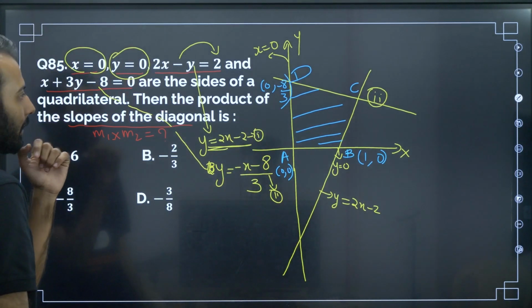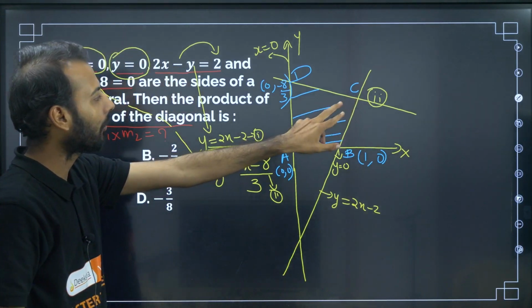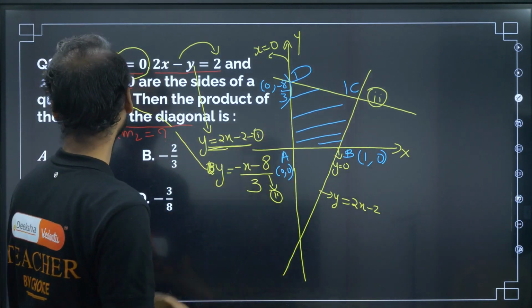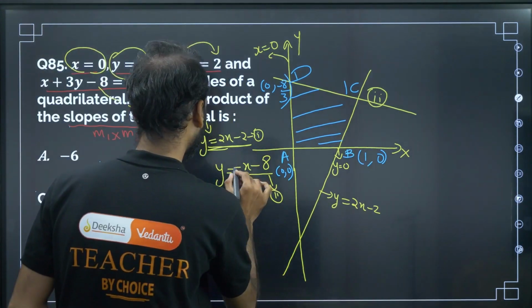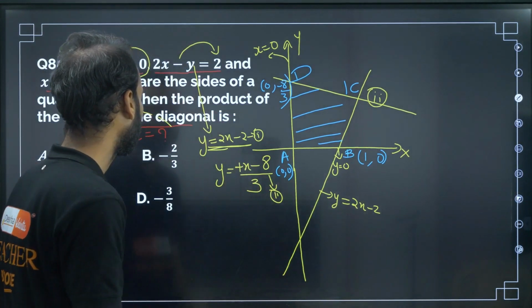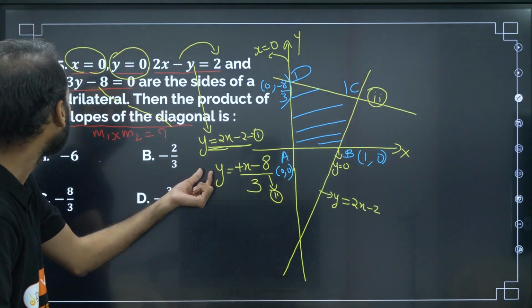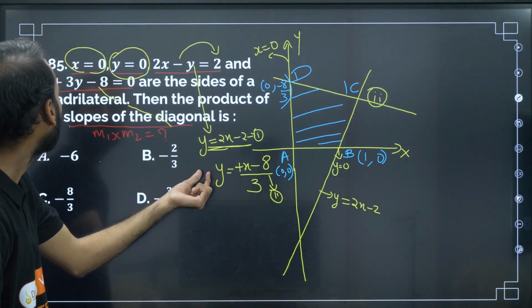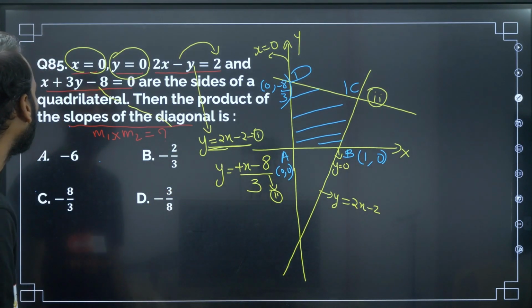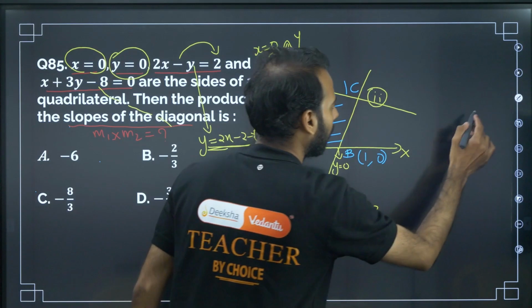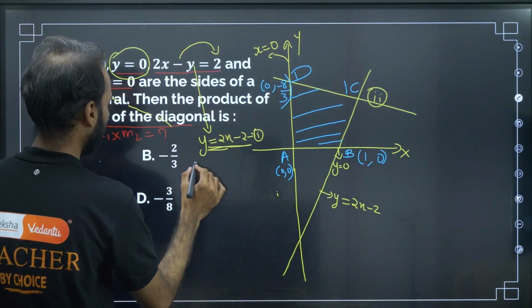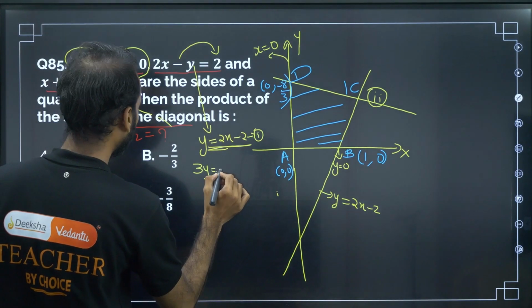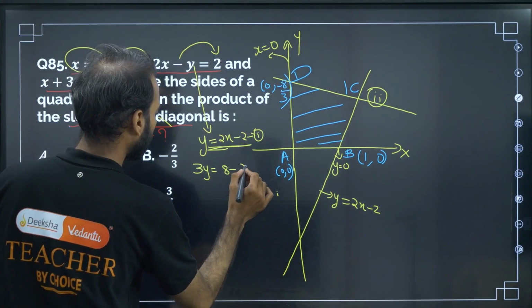Now what about the C point? C will be the point of intersection of these two lines. That means I have to simplify these two equations. Let me write it properly. 3y is equal to 8 minus x.